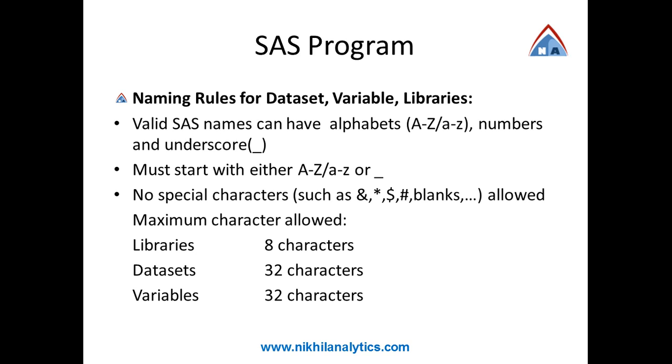Only one special character is allowed, that is the underscore. The maximum number of characters for a library name is 8. For data sets and variables it is 32 characters, including underscores.